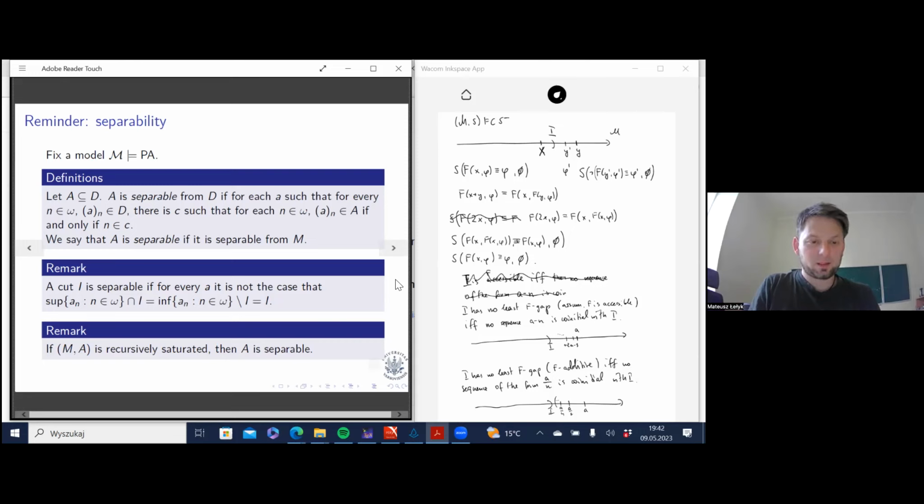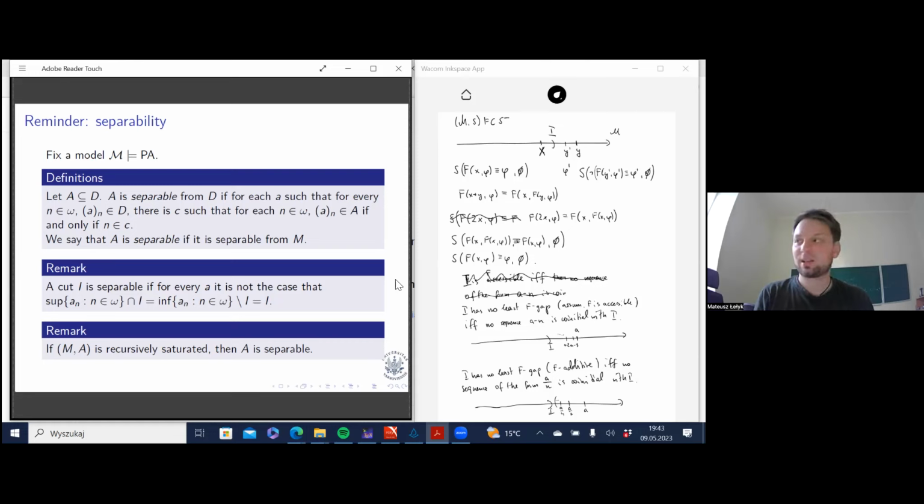Okay, so from this introduction, in order to understand the main result that comes in the next slide, you should recall these two basic properties of cuts: separability, which is mentioned here, and having no least F gap.